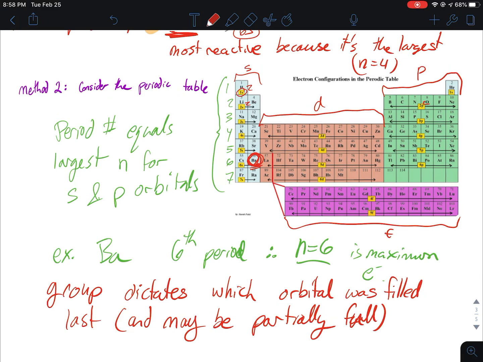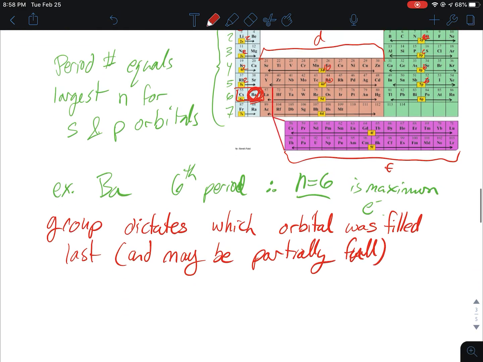So I definitely have 1s2, 2s2, 2p6, 3s2, 3p6, 4s2, 3d10, 4p6, 5s2, 4d10, 5p6, and 6s. This is the only one that's in question, but we notice that it's the second element of that row, so that would be 6s2. And we could also add up all the electrons and figure it out.